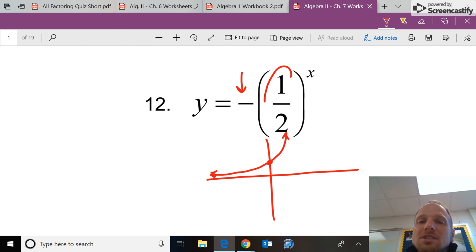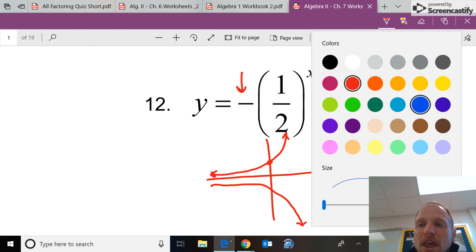And this number right there, remember that since the absolute value of that is less than 1, it's going to actually reflect over the y-axis as well. So if we flip it over first, we flip it over the x-axis, that's what it looks like.